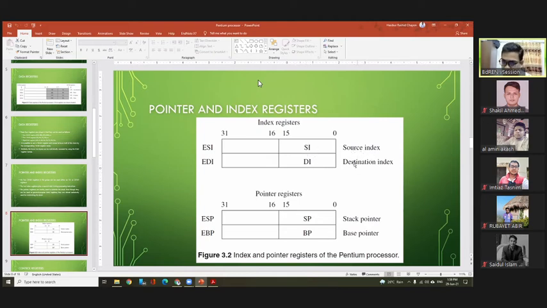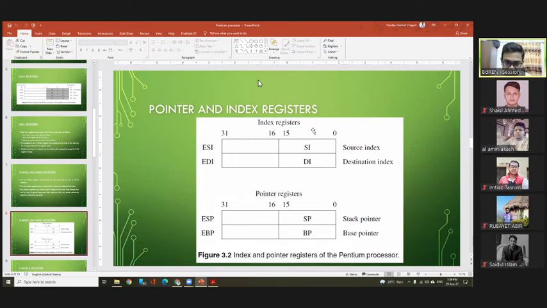SI means source index, or destination index, DI. If your address is 16-bit long, you can store it. If you need more than 16-bit, you can use the entire 32-bit, which is EDI, extended DI, and ESI, extended SI. SI means source index.